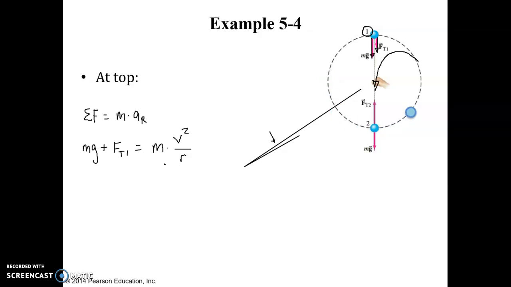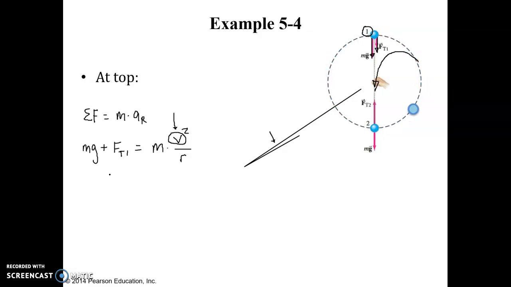So we need to make sure that the velocity is great enough to keep this ball spinning in its circular path. So essentially we need to solve this equation for velocity to figure out how fast we need to keep it going so that these forces will kind of balance each other out and the ball will continue to follow this circular path.